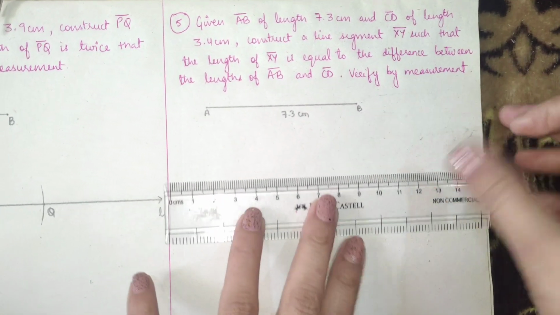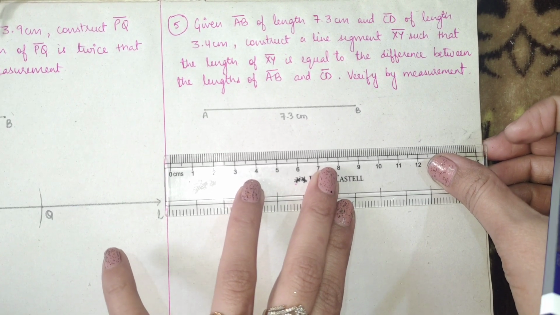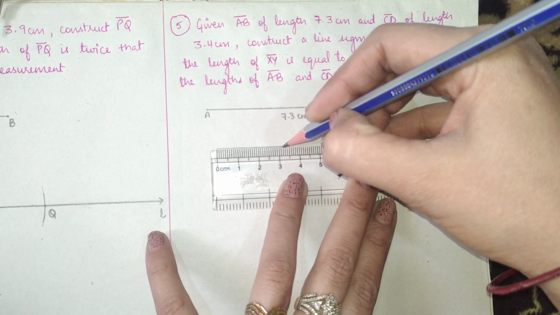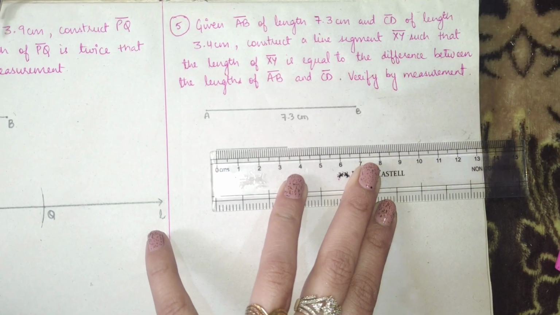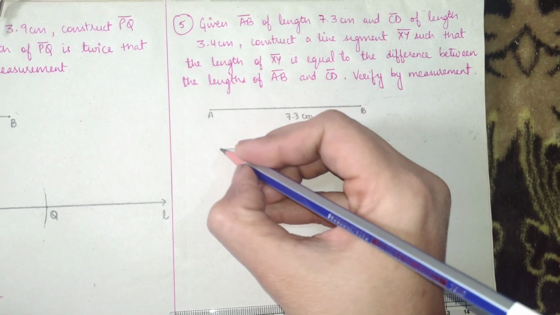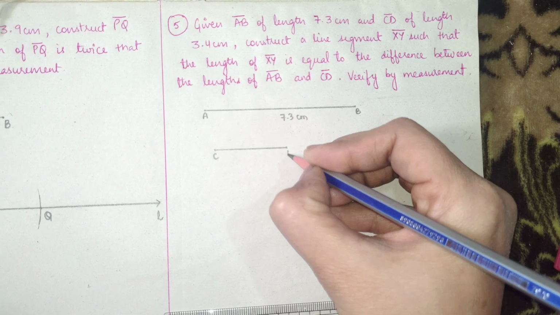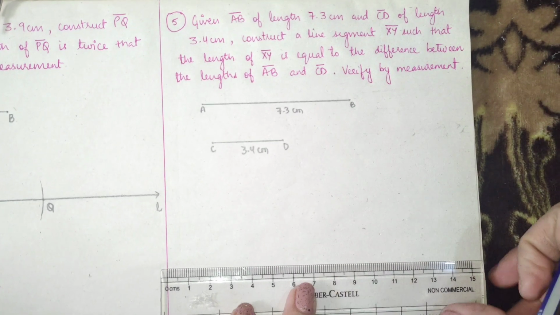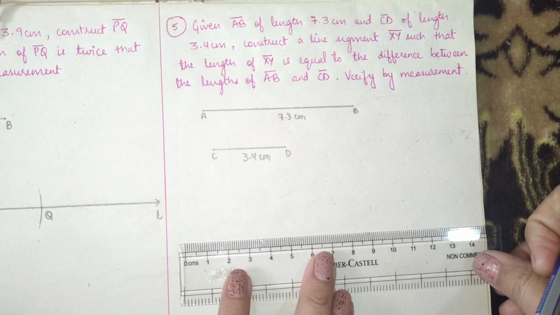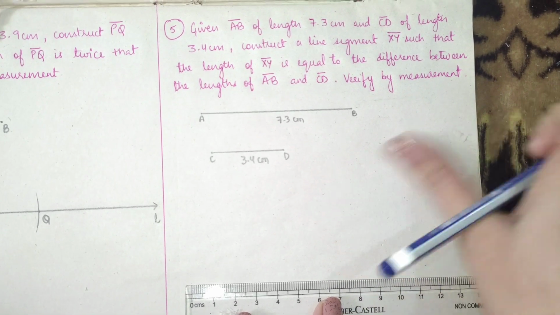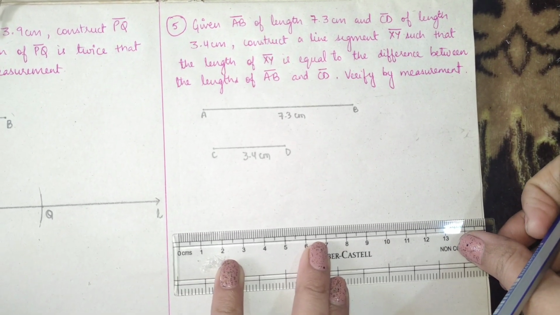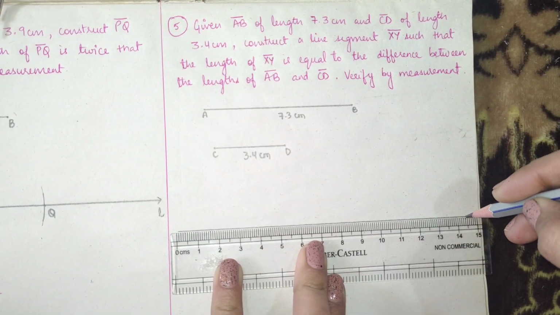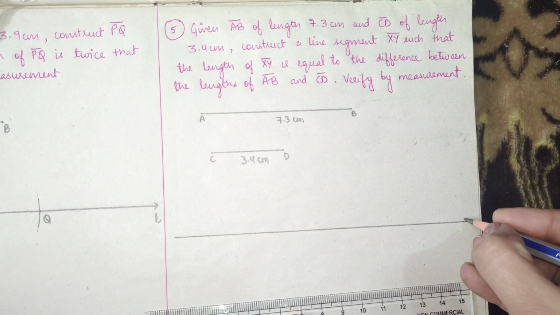Then we'll draw CD, which is of length 3.4 centimeter. This is C, this is D, and this is 3.4 centimeter. Now we are supposed to construct XY. For constructing a line segment, we need to have a line. Steps are very similar. You just have to keep in mind what is to be done, and what extra part is asked in the question.